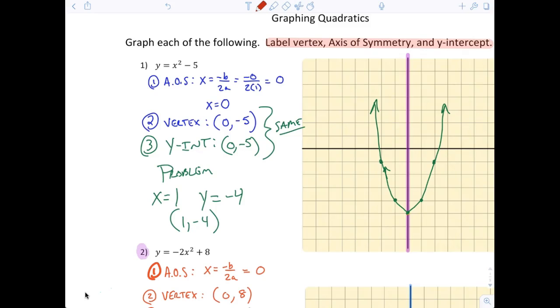Hit enter. Now, that's going to give you the y value for every x that you plug in. And what do we want x to be when you're finding the y-intercept? So plug in 0, hit enter, and then it tells you the y-intercept is what? (0, -5). Everybody see that, right?